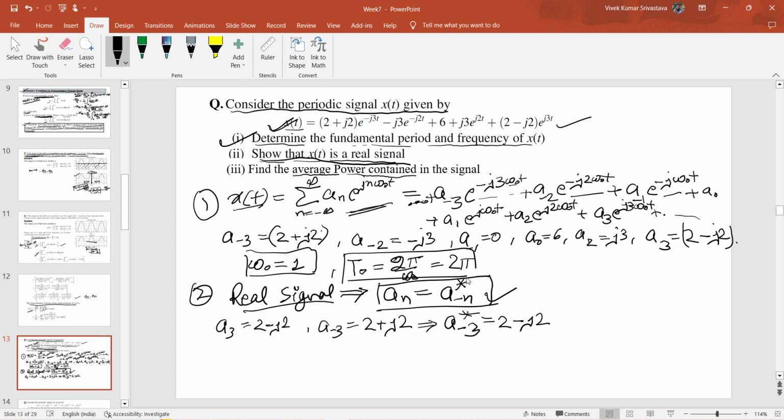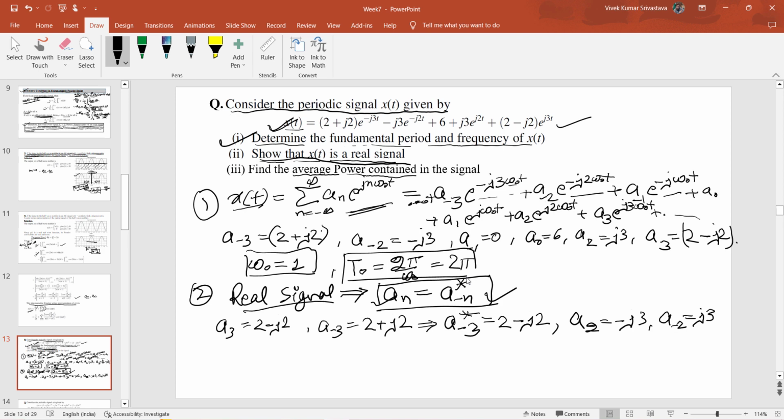It means that this condition is satisfied. Similarly, you can check for a of 2, which is equal to minus j3, and a of minus 2, which is equal to j3.